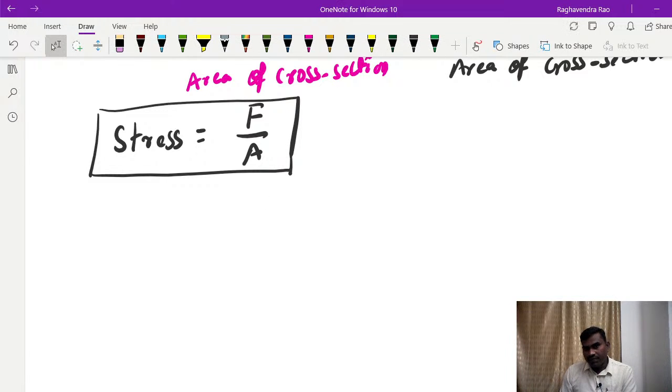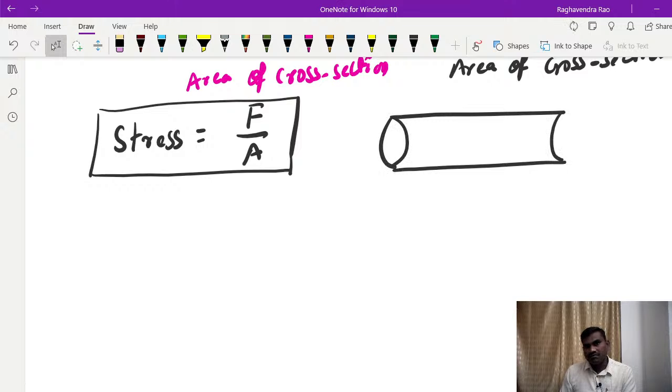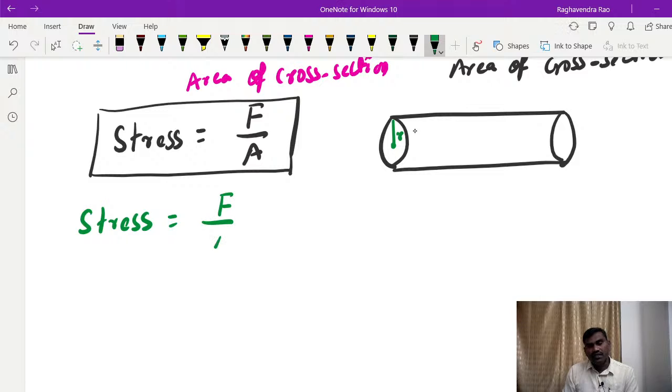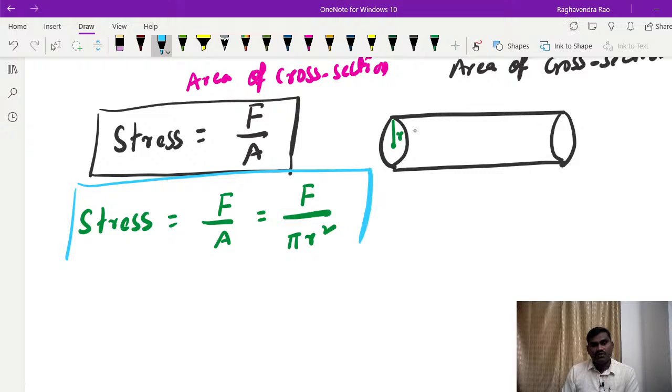Now if the material is in the form of a wire, having circular area of cross section with radius R, we can write stress is equal to force by area, which is equal to force F by pi R square, if the body has circular cross section.